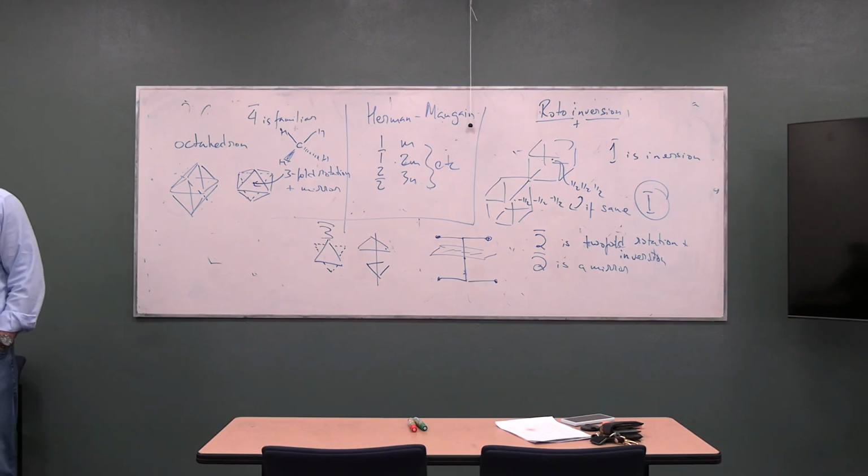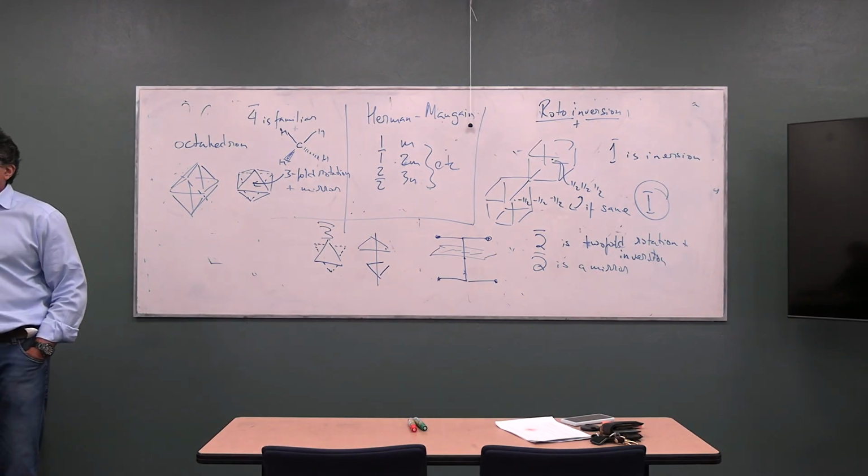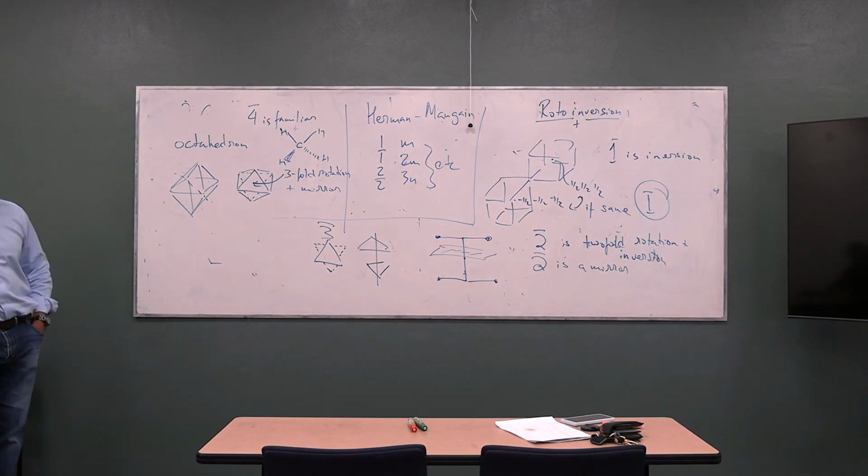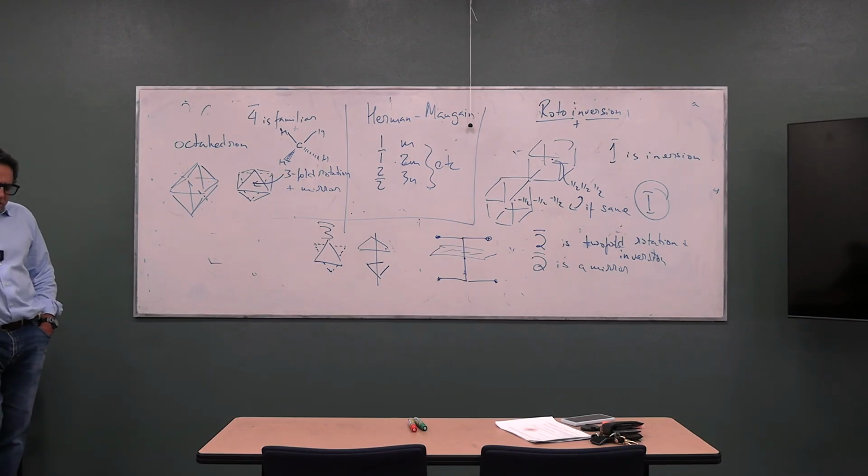6 bar is actually not uncommon in hexagonal space groups. It's a 6-fold rotation and an inversion. So these are all roto-inversions. Rotation plus inversion. The name gives it away. And it's good to remember, in my opinion: 2 bar mirror, 3 bar Star of David, 4 bar methane.